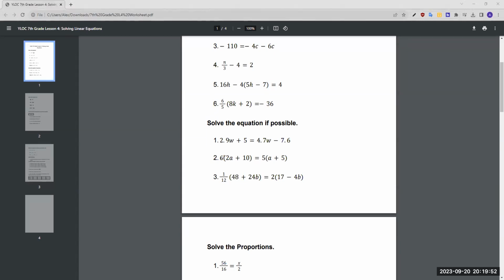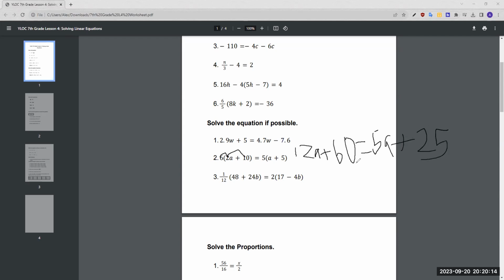So number 2, again, we have to distribute the parentheses. So we distribute the 6 and the 5. 6 times 2a is 12a. 6 times 10 is 60. 5 times a is just 5a. And then 5 times 5 is just 25.